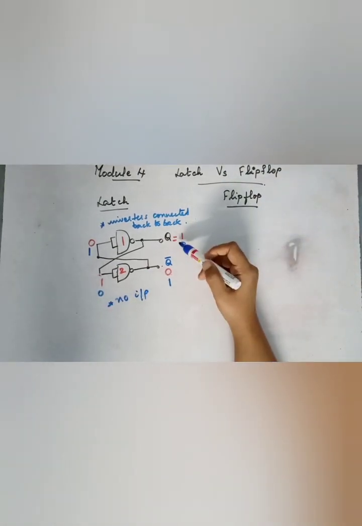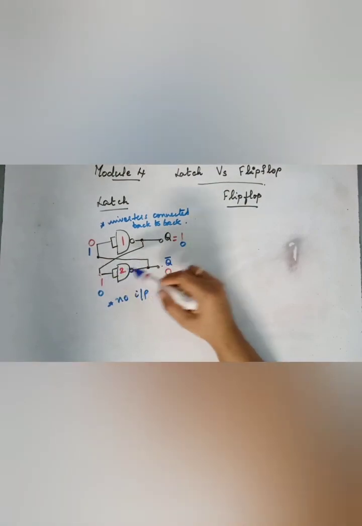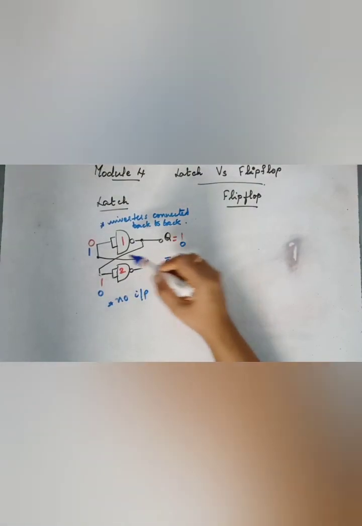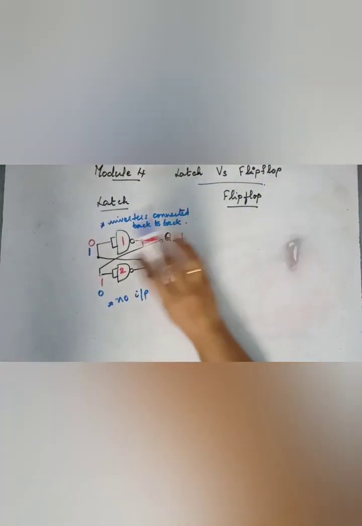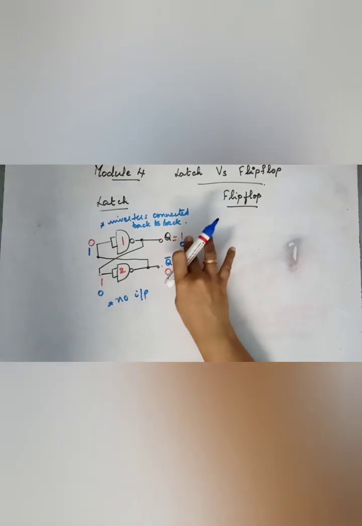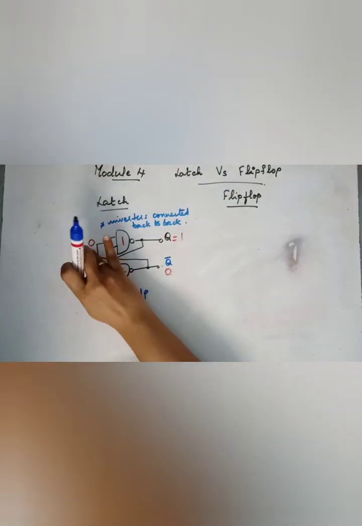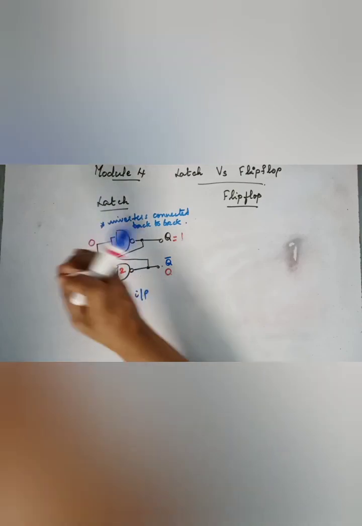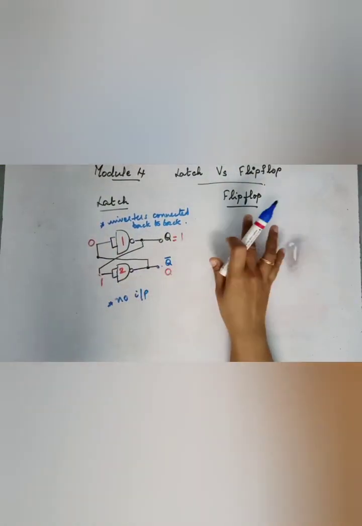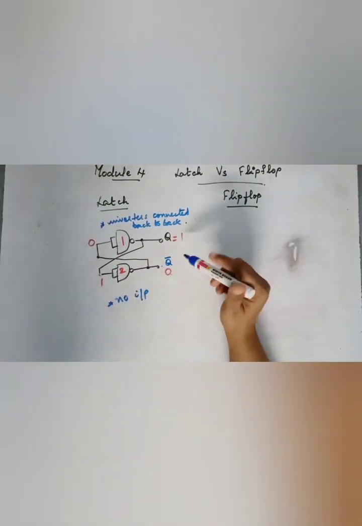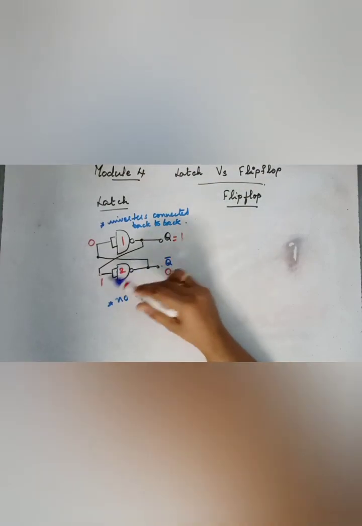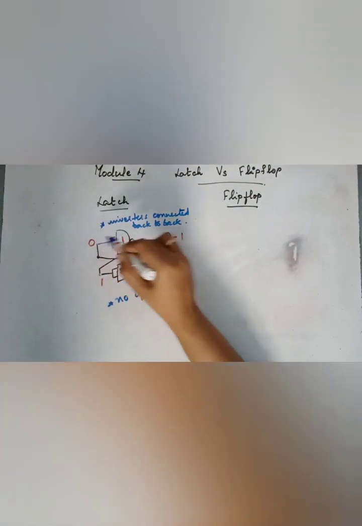So when the output is 1 here, that goes here and you get 0 here, 0 comes here and you get the output. So this does not change. If this is the situation we are in, this will not change because here it is 1, that 1 comes here, it is 0, 0 comes here, 1.